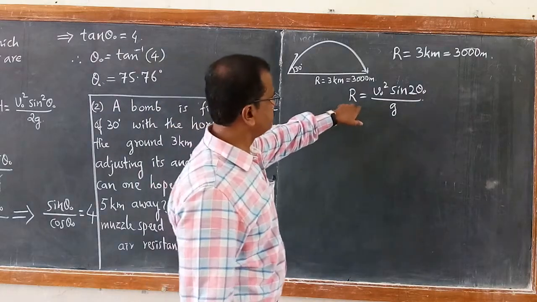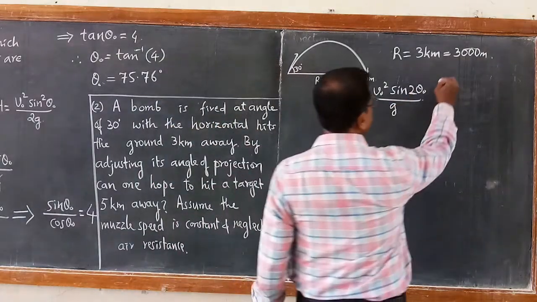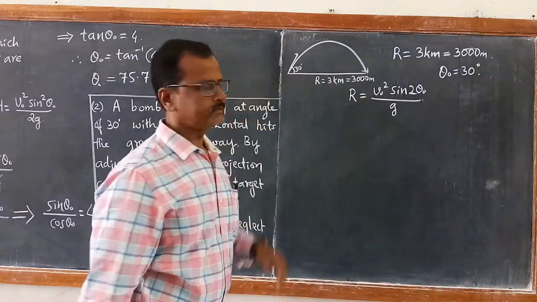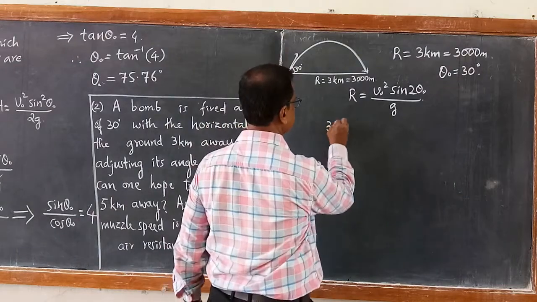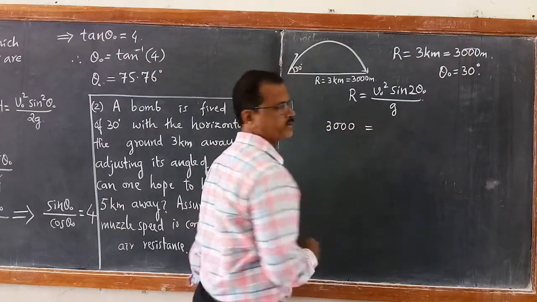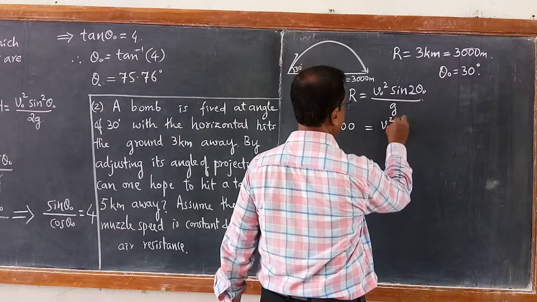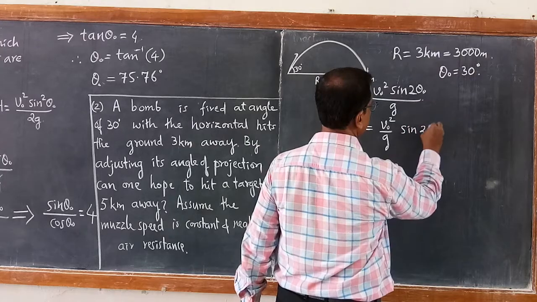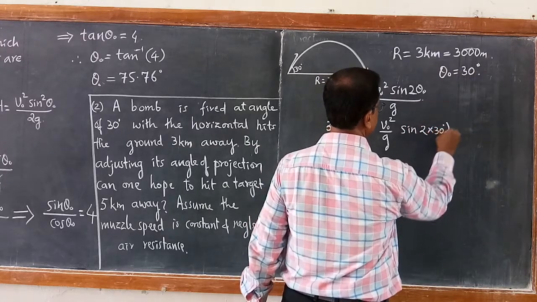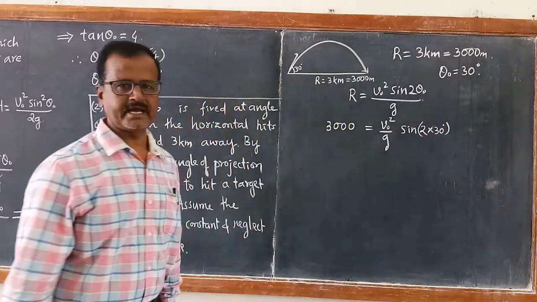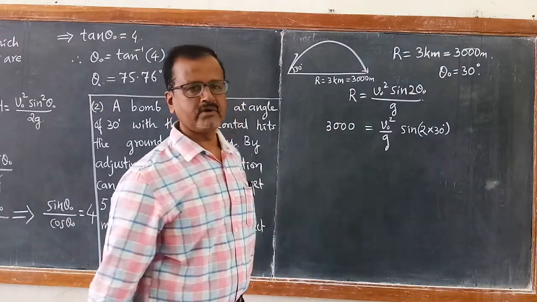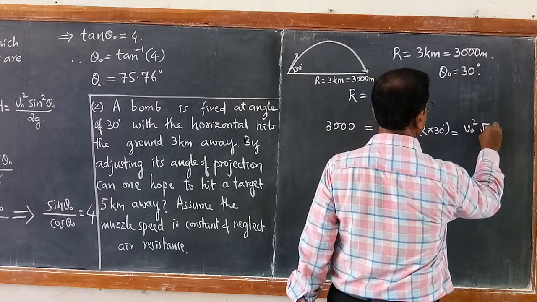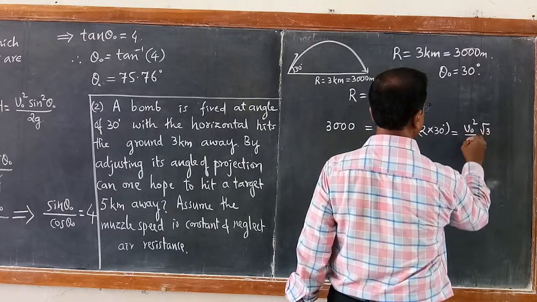Now range is given and angle is given. Angle is 30 degree. Let us substitute this. Then it becomes 3000 is equal to V0 square by g into sin 2 into 30. Sin 2 into 30 becomes sin 60, and we know the value of sin 60 is root 3 by 2.